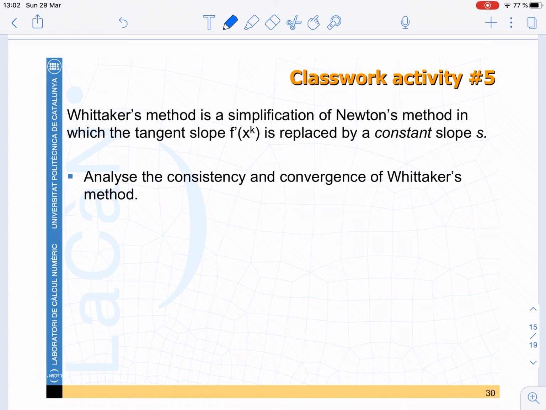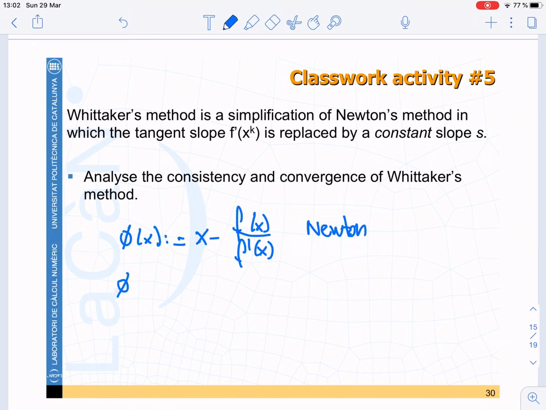Now, homework. What happens with Whittaker's method? Whittaker's method is a simplification of Newton's method based on the following idea. Whereas Newton's method requires computing the derivative f prime of x, in Whittaker's method we replace f prime by a constant slope s.